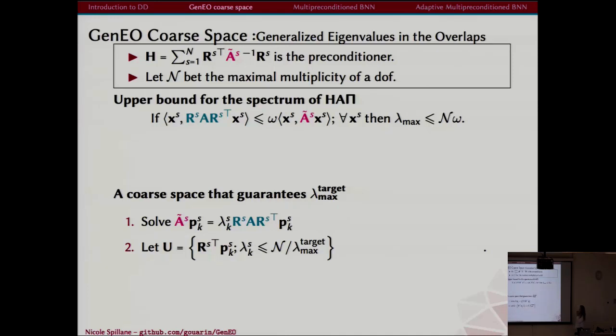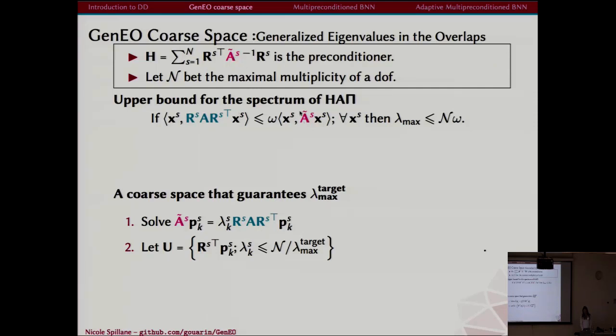So what the results from the theory tell us is the following. If for every vector xs, I can prove this estimate here, for some constant omega, I get that the norm of xs induced by the RS A RS transpose operator is smaller than omega times the AS tilde semi-norm of xs, where AS tilde, again, is just the matrix that we chose in the preconditioner.